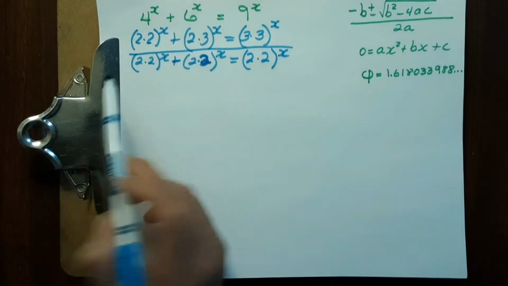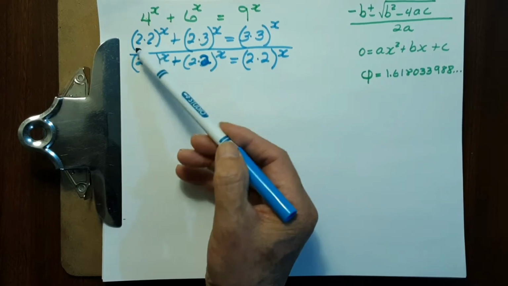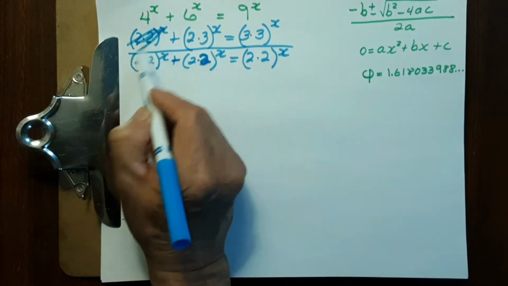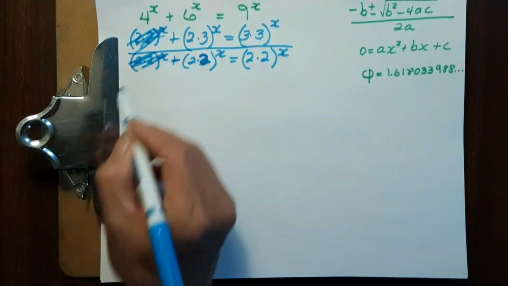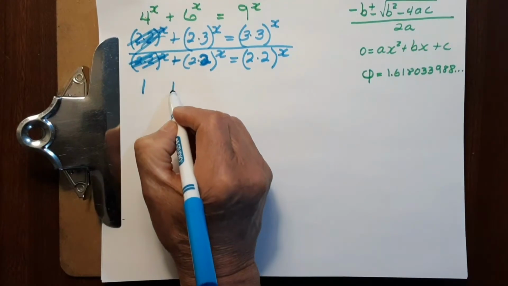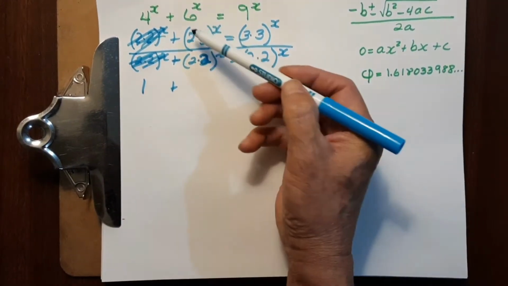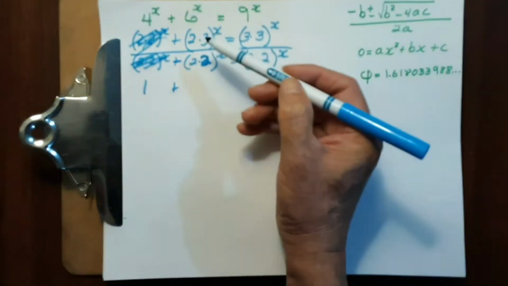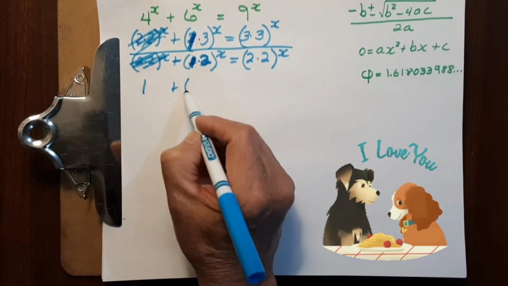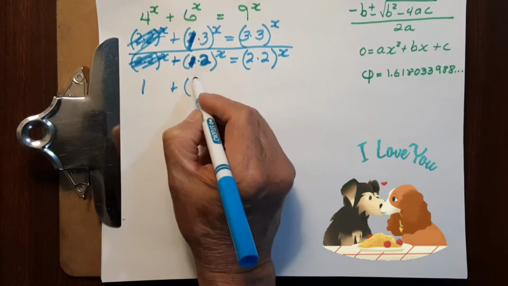Okay. So we divide. If we see this is the same as this, so it has to be gone. Instead, we have 1. Okay? Plus. If we see this, 2 over 2 is 1. Gone. And we only have 3 over 2.